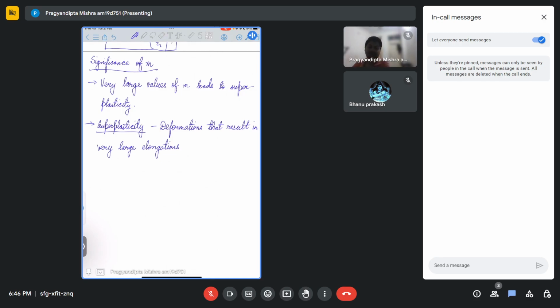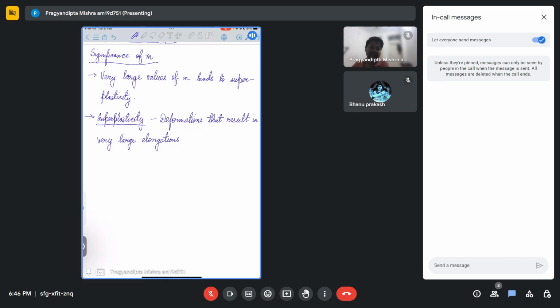That is one part, so your strain part is covered. Second part, stress value will also be very low, so at low stresses, without the failure of the material.